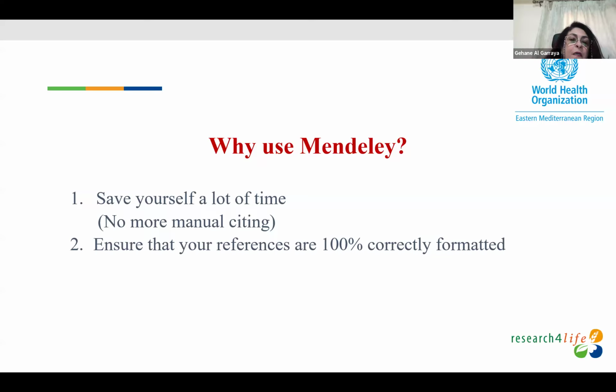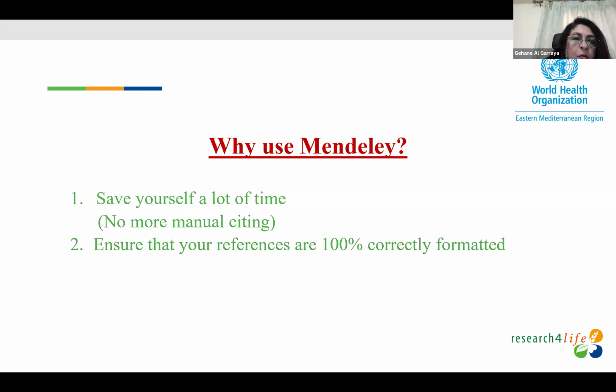Mendeley simply puts all your citations in proper formatting, and it ensures that it is done 100% accurately. And in brief, if you are organizing your references manually, you will want to add them into Mendeley as well.